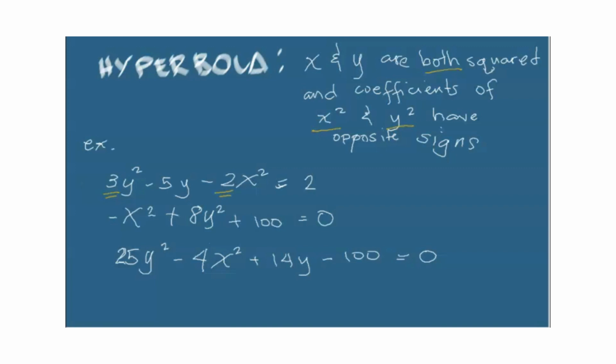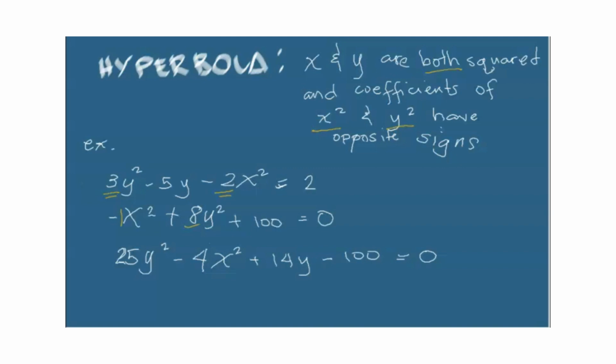This is a hyperbola. Second example, negative x squared plus 8y squared plus 100 equals 0. So we have a negative 1 coefficient for x squared and positive 8 for y squared. So this is again a hyperbola.